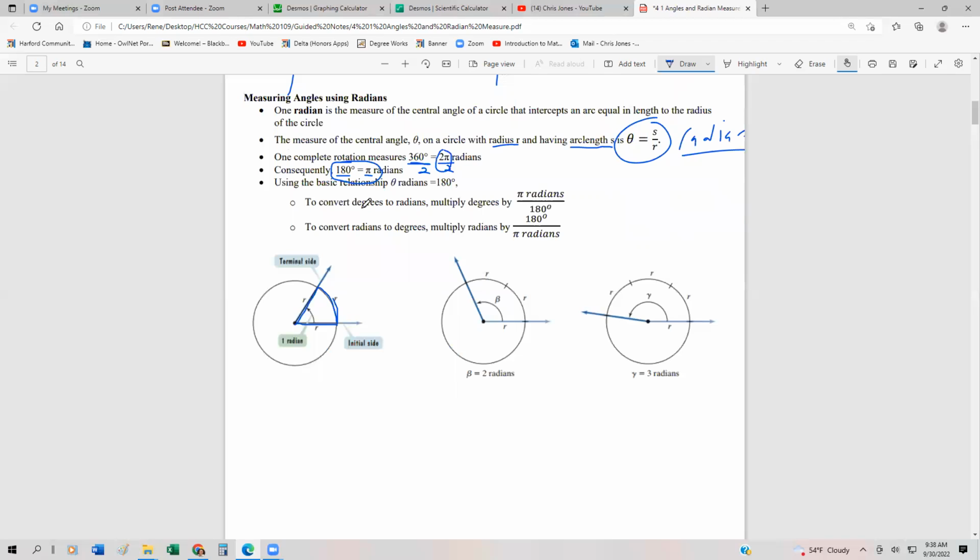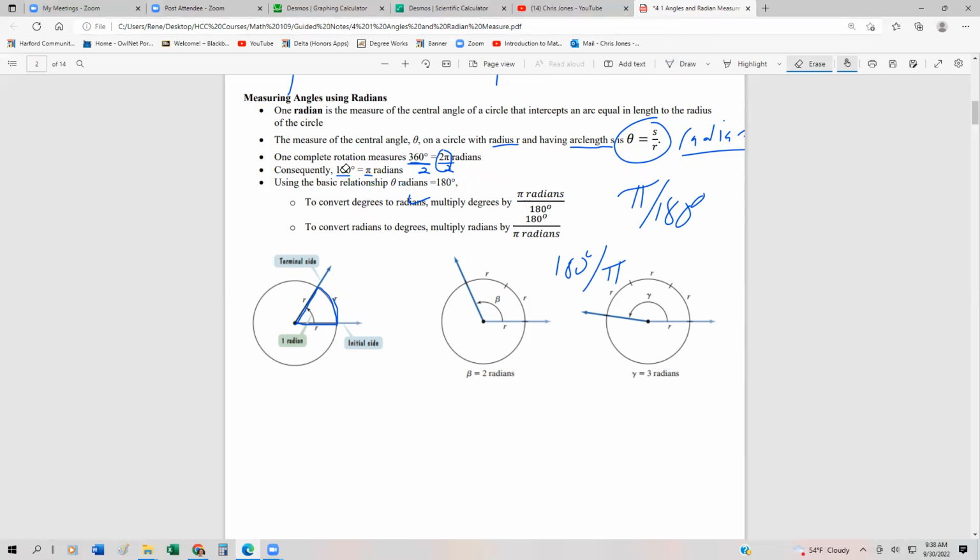To convert from degrees to radians, we multiply by pi over 180. To convert from radians to degrees, we multiply by 180 degrees over pi. This relationship is going to be really important to us as we go along.